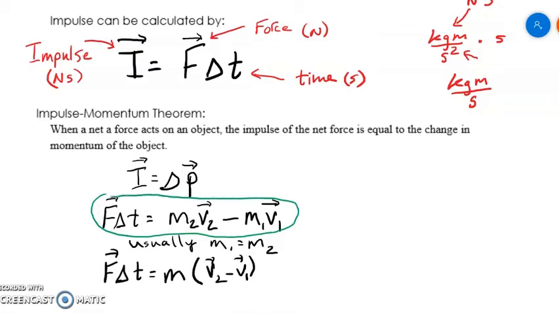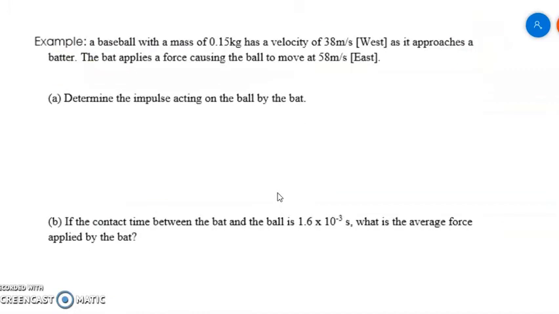This is always true, regardless of whether mass is changing or not. The common mass version is true in almost every circumstance because you're most often not going to find that mass changes. Sometimes mass changes, and so you can change the algebra as needed. We're going to do a couple examples here.